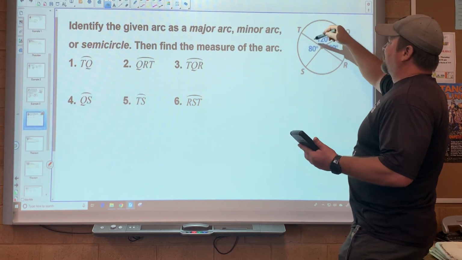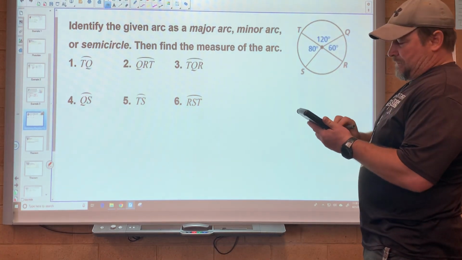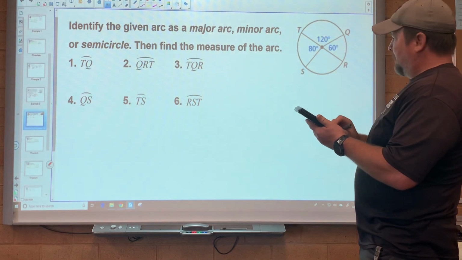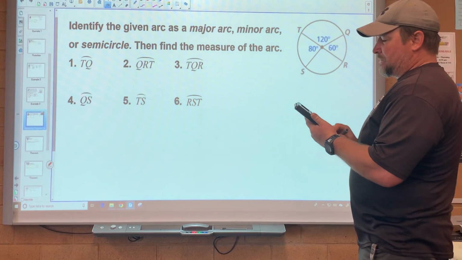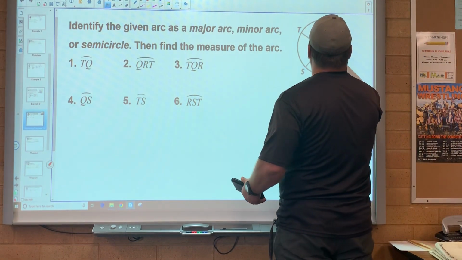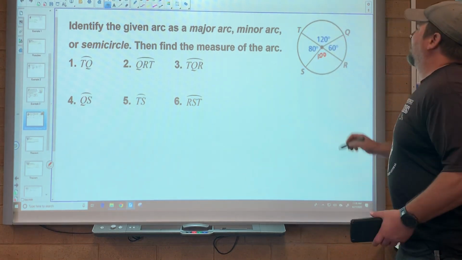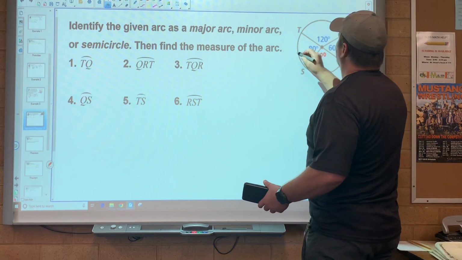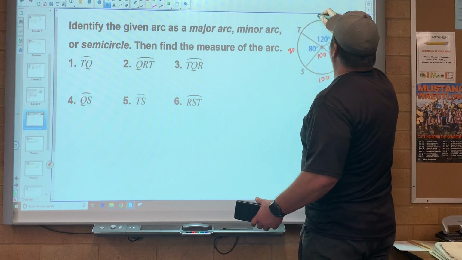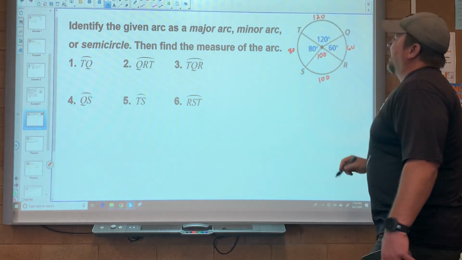I'm just going to take those three away from 360. Minus 120, minus 60, minus 80. So I've got 100 degrees. Okay, well, if that's 100, this is 100, this is 60, this is 80, and this is 120. All right, the picture's solved.